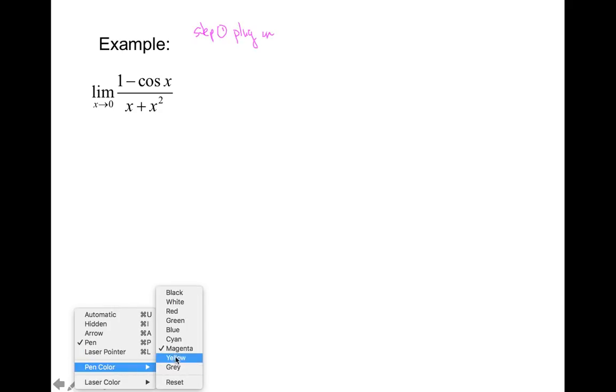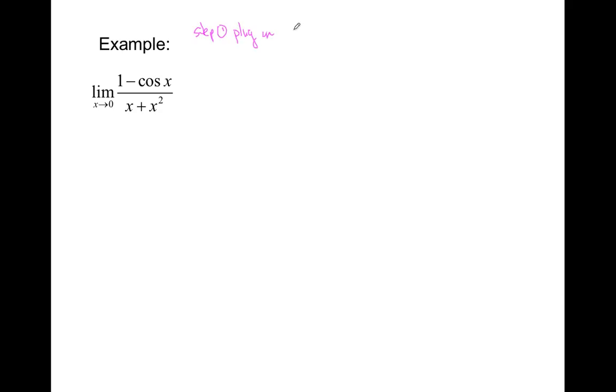So let's look at this example. With any limit, step 1, plug in. Step 2, do you get 0 over 0?